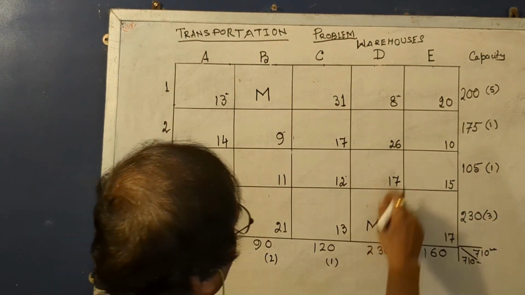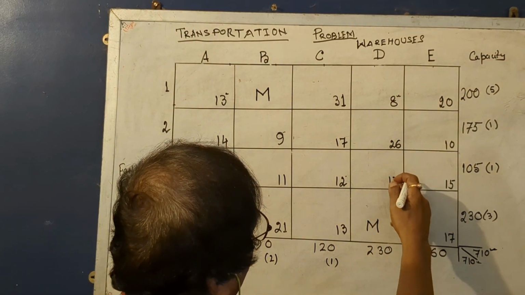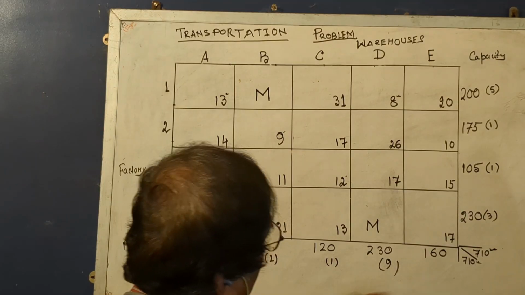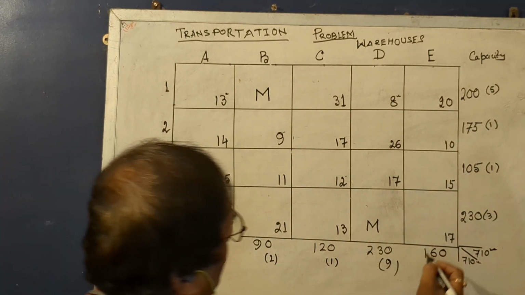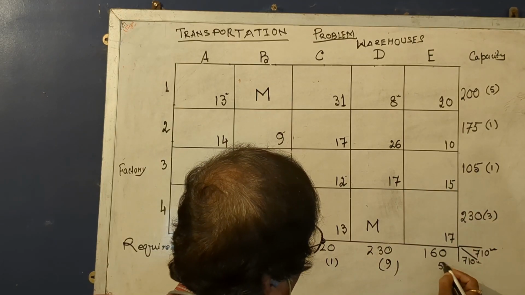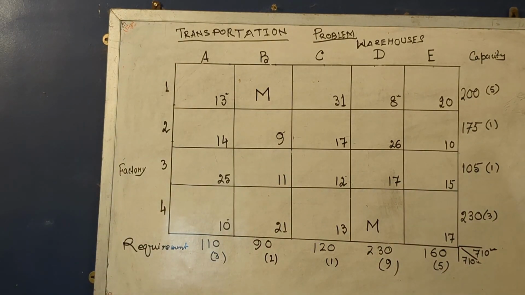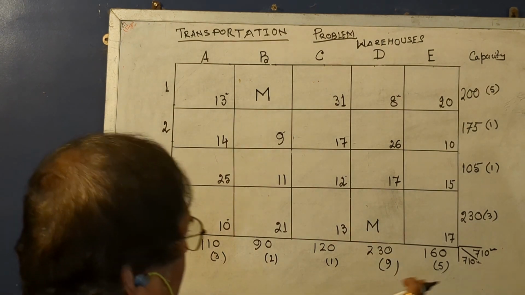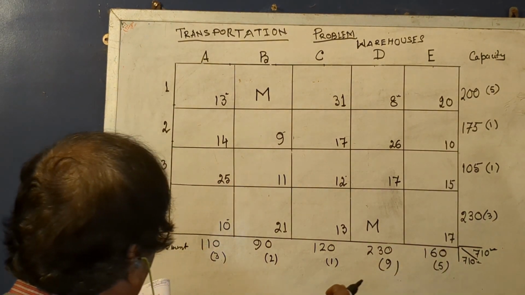And for this column, the lowest is 8 and immediate lowest is 17. That's why the difference is 9. And for the last column, the lowest is 10 and the immediate lowest is 15. That's why the difference is 5. In this way, we'll note down all the differences: 3, 2, 1, 9, 5 and 5, 1, 1, 3.